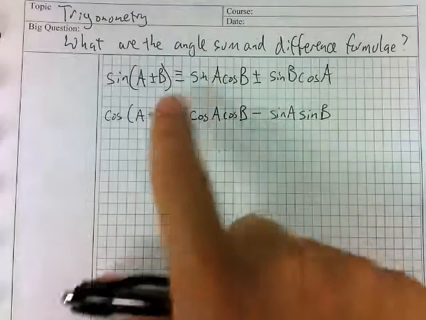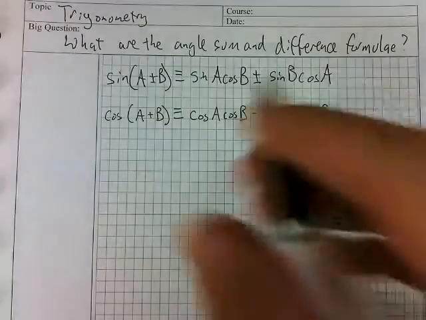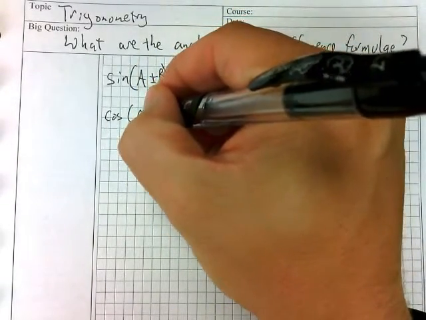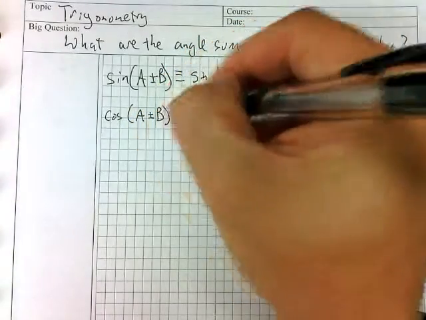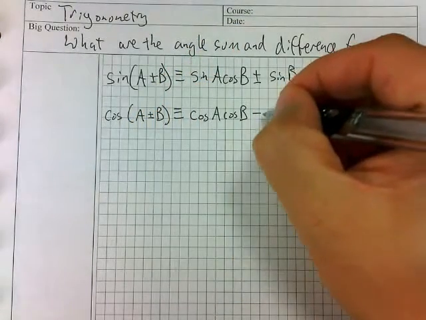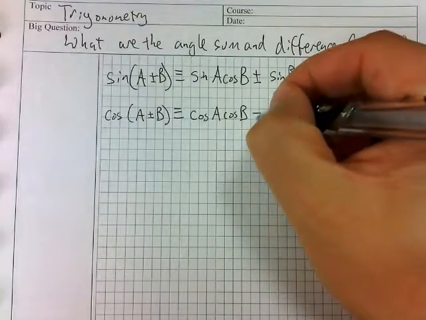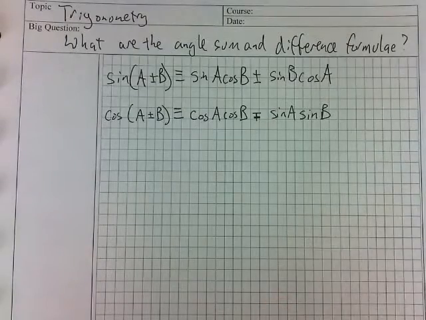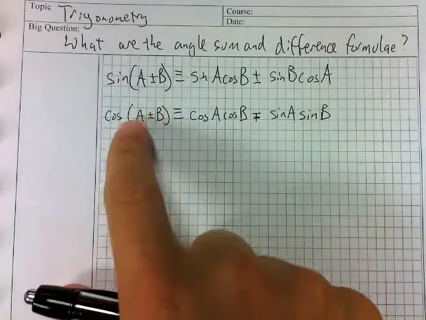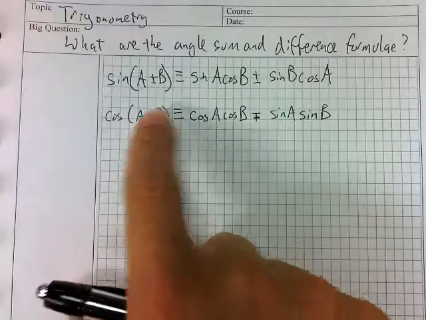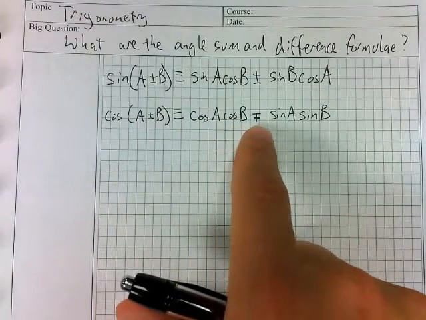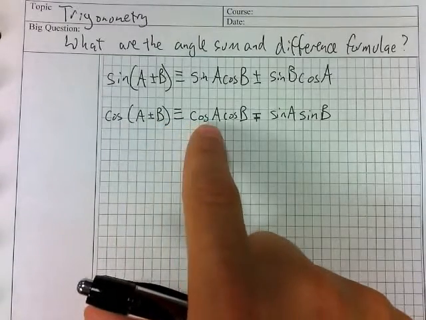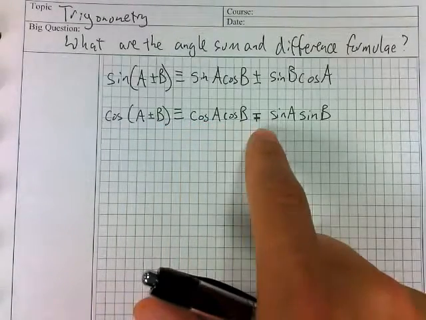The way that we note this is that we put a little minus on top and plus on bottom for a plus or minus b. So what that means is, whatever this sign is, we use the opposite one right here. So if it's cosine a minus b, it'll be cosine a cosine b plus sine a sine b.